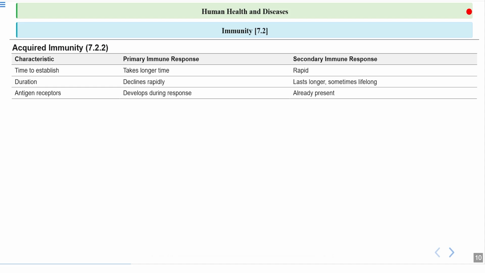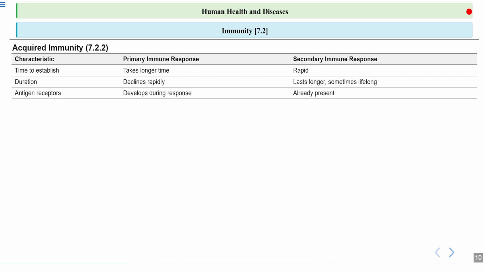The primary immune response, occurring during the first encounter with an antigen, takes a longer time to establish immunity and involves the development of specific antigen receptors on the naive B and T cells.